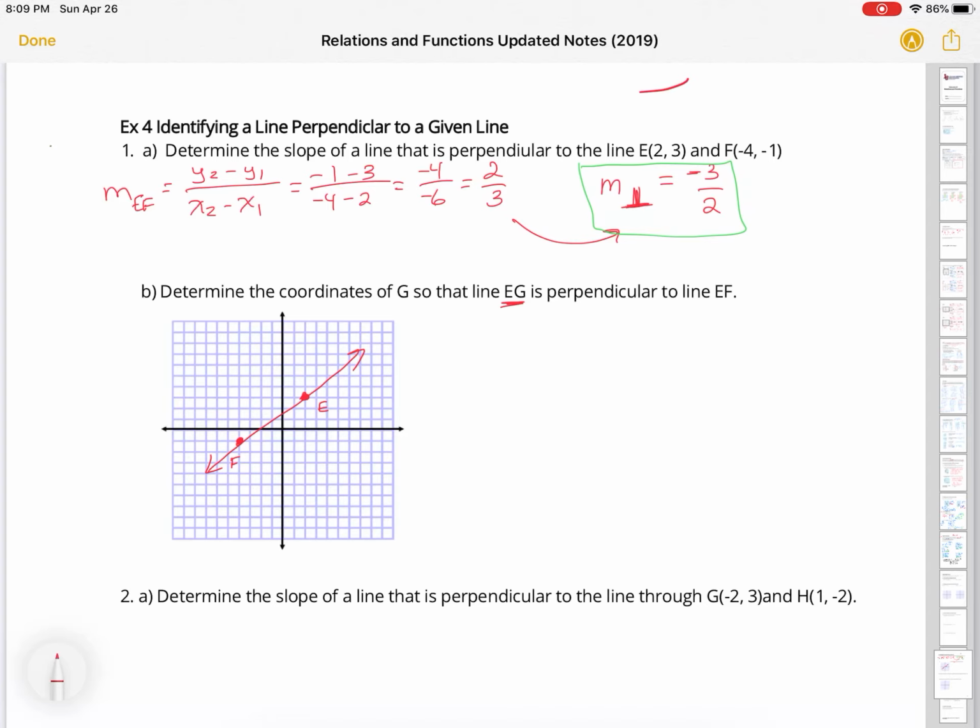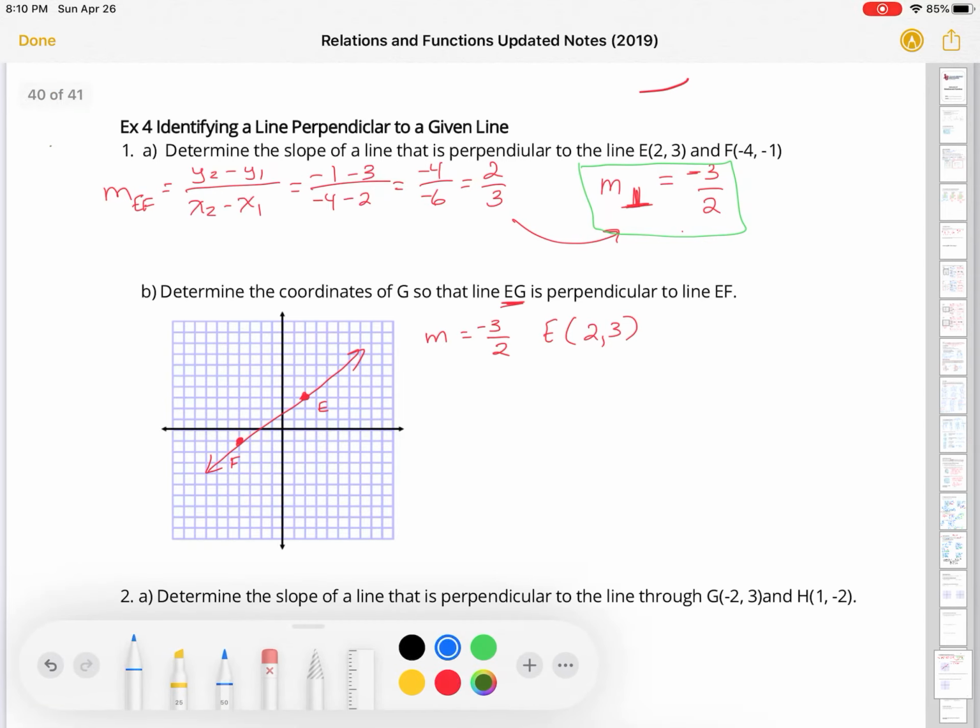So this is EF. So we draw our line through there. So we want a line that goes through that point, E, but has the slope negative 3 over 2. So the slope is negative 3 over 2, and it goes through the point E, which is 2 comma 3.